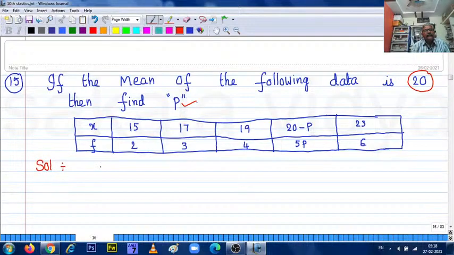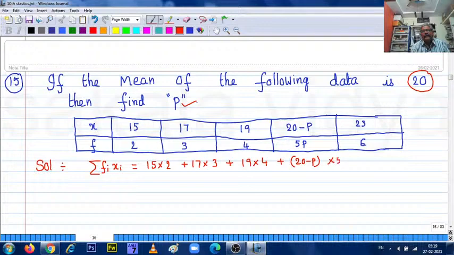First sigma fi xi: 15 into 2 plus 17 into 3 plus 19 into 4 plus 20 minus p into 5p plus 23 into 6. This is sigma fi xi.